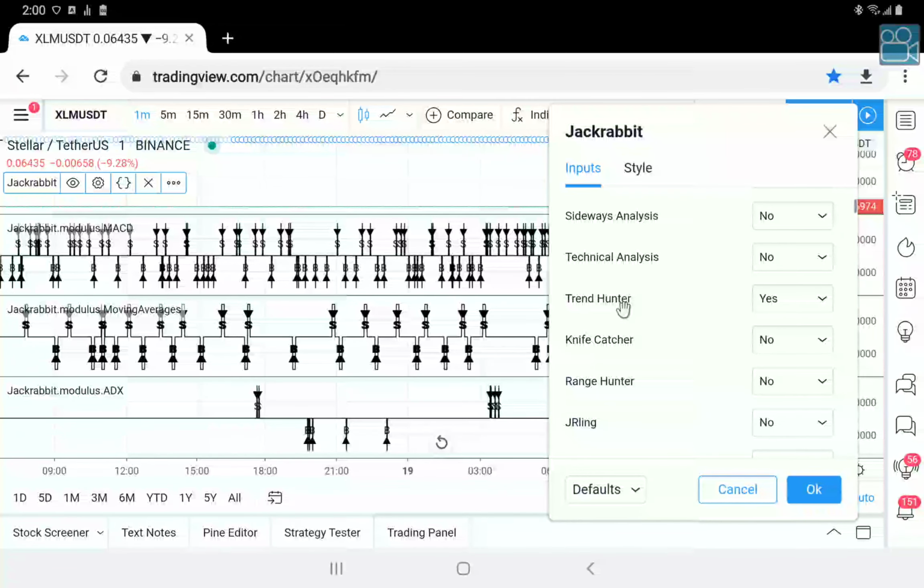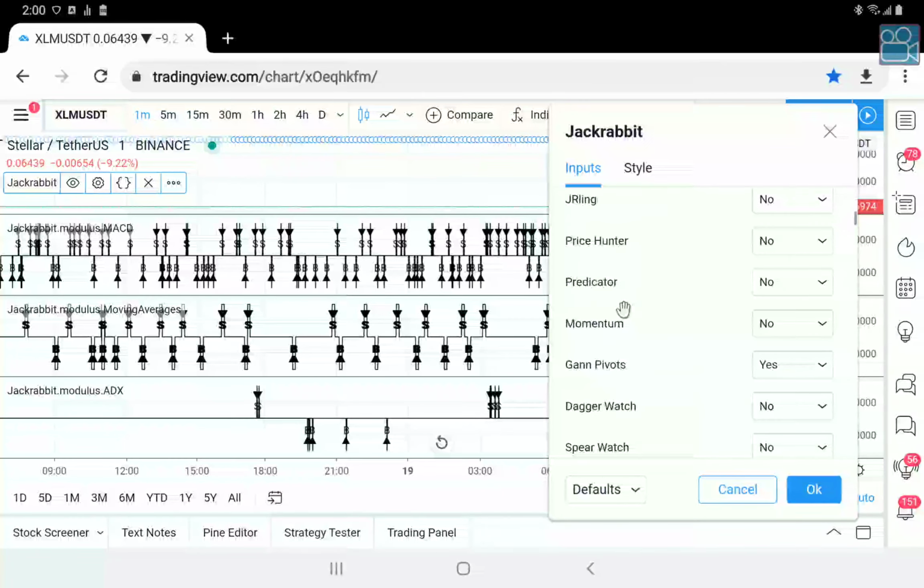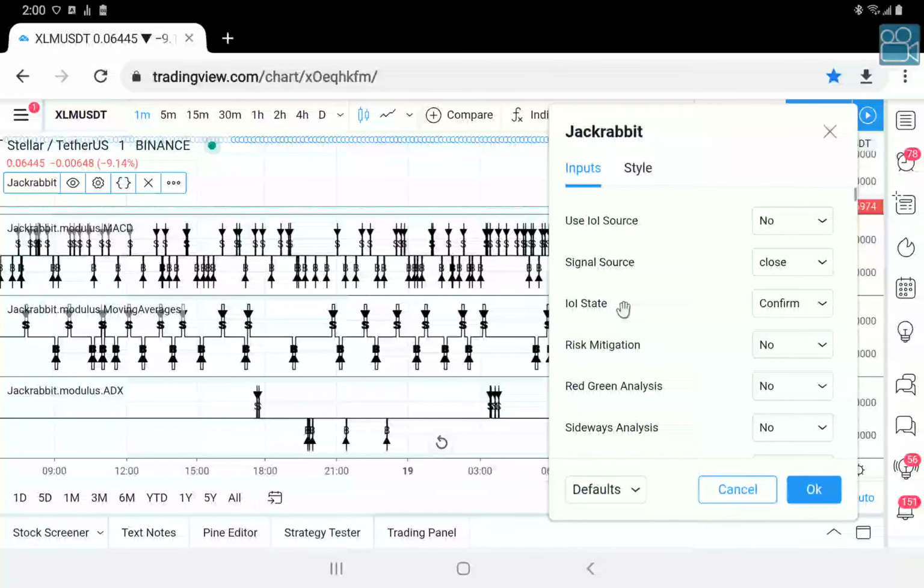But I am not going to replace the Fibonacci moving average, range hunter, or any of the other indicators en masse as rapidly as I did with ADX. Simply because this works. It works well, it works profitably, and that's why it's the first actual module in the modulus framework.